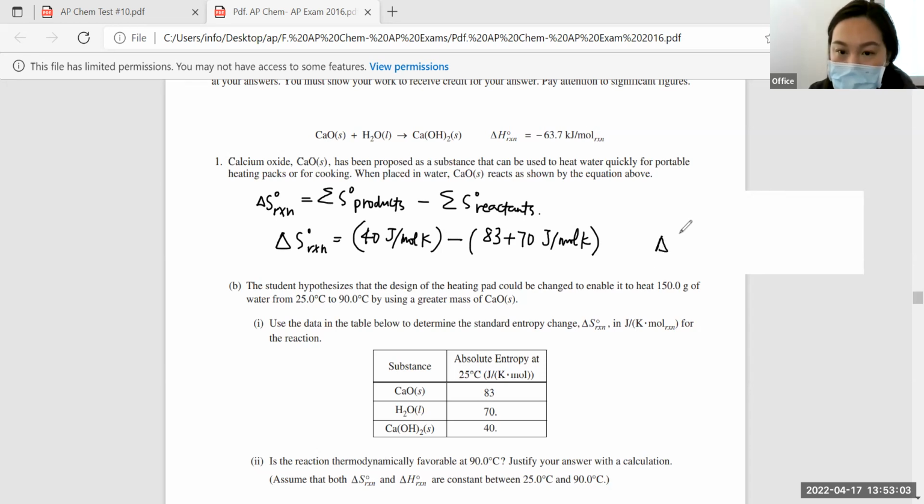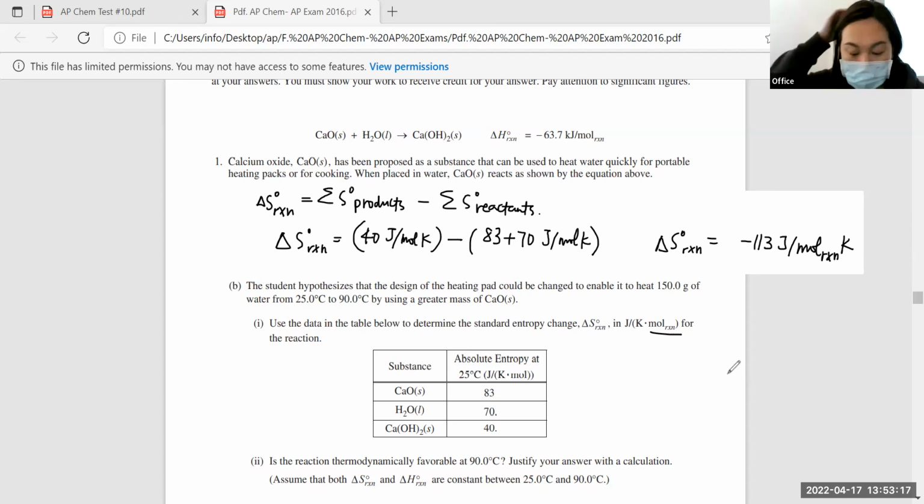So delta S equals negative 113 joules per mole Kelvin. And they want it in mole reaction Kelvin, so make sure you use that unit. So that's 1 point.